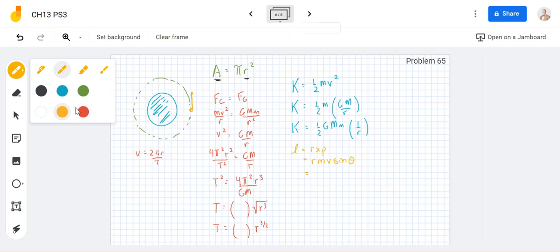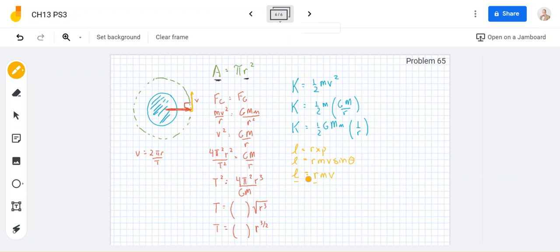Luckily, the r vector would be here. And we notice that the r vector and the v vector are perpendicular. So that's 1. So what we're saying then is that L is directly proportional to R. More R gives you more L.